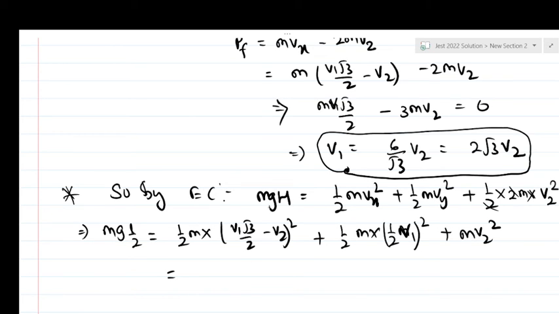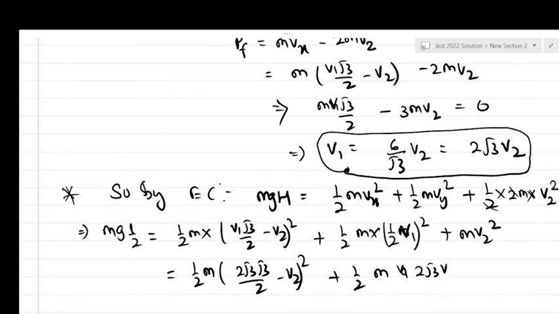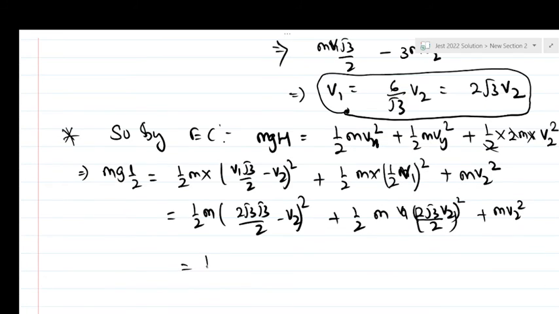Put the value of v1 from here: half m into (2 root 3 v2 root 3 by 2 minus v2) whole squared, plus half m (2 root 3 v2 by 2) whole squared, plus m v2 squared.